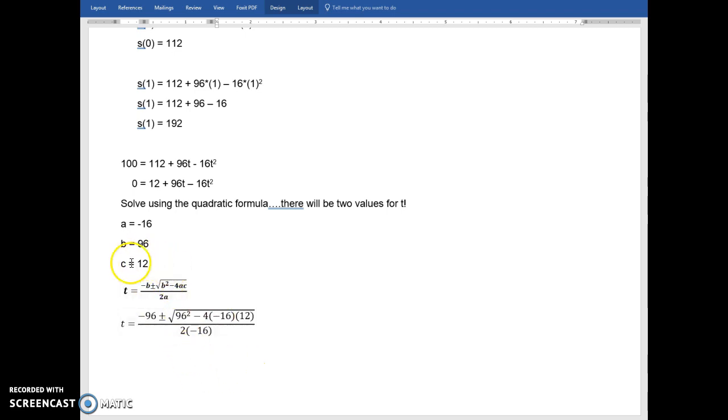So two values of time when the ball is 100 feet off the ground really doesn't make a whole lot of sense. One of the values will be positive, one will be negative. The positive value will make sense, the negative won't.